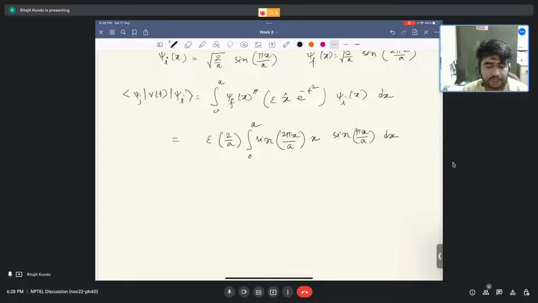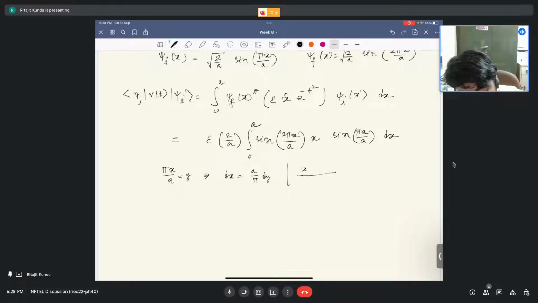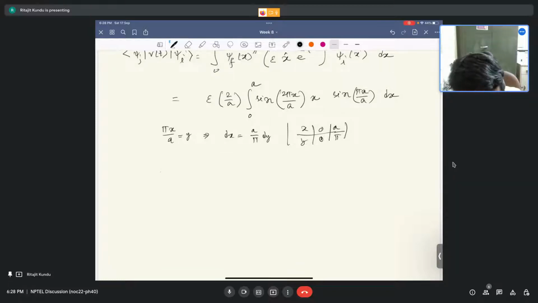That's why this change of variable is important. We'll take pi x by a as y, so dx becomes a by pi dy, and the limits of the new variable become 0 to pi. Let us replace the new variable.